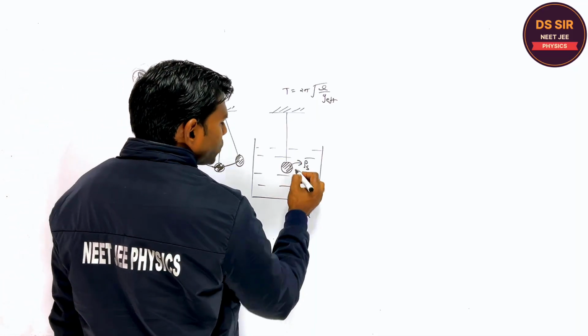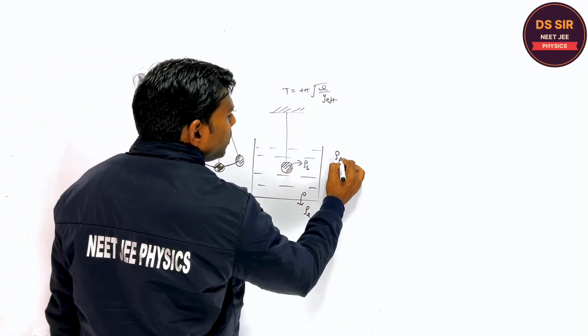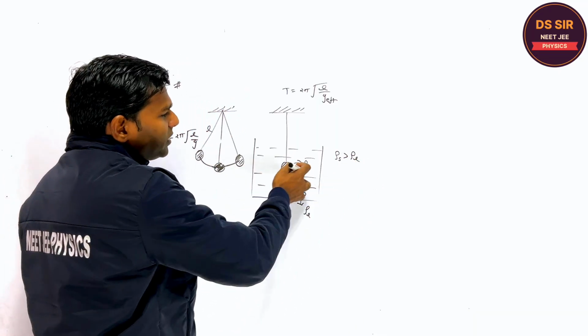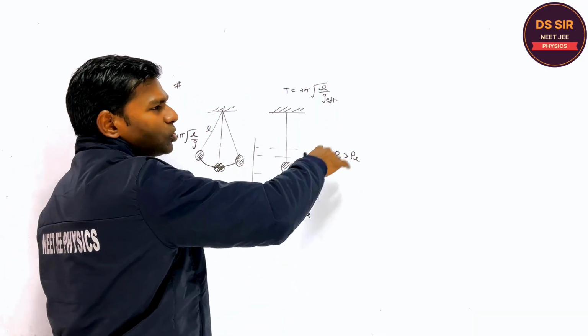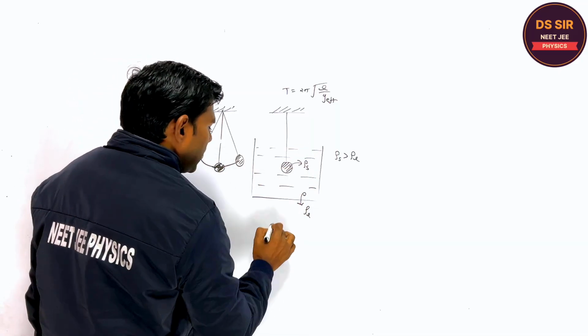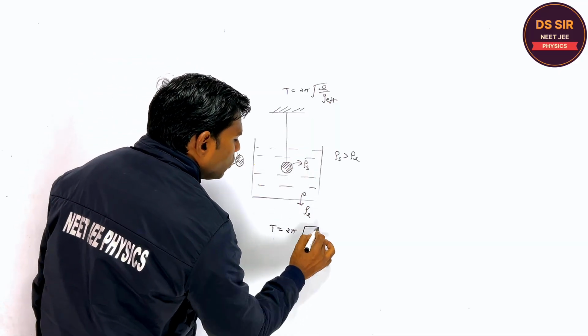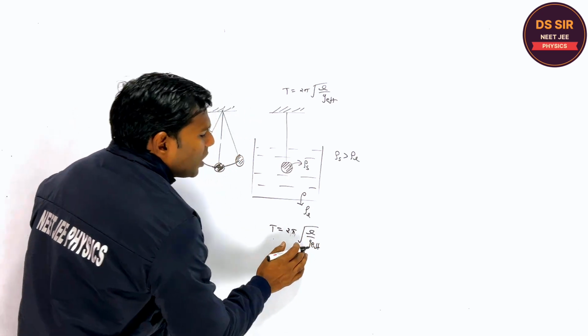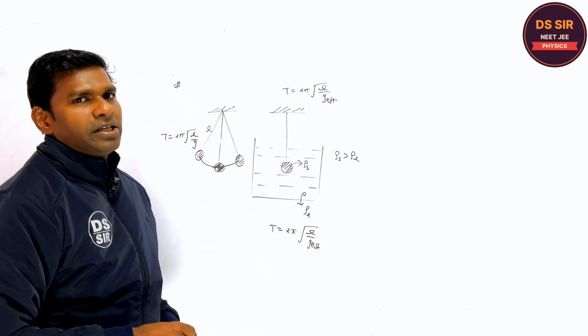Now, if it oscillates in the liquid and the density of the solid is greater than the density of the liquid, first of all, if it is displaced a little bit, it will start oscillating. So now the time period will be equal to 2 pi root L upon g effective. Tell me how to find the g effective in this case.